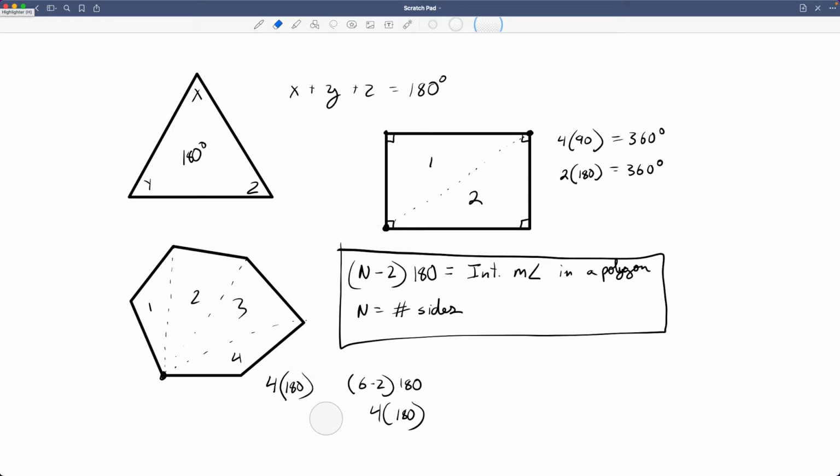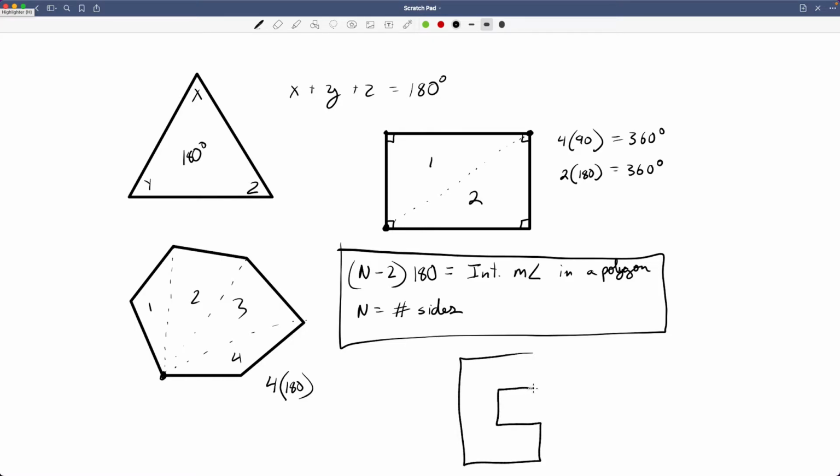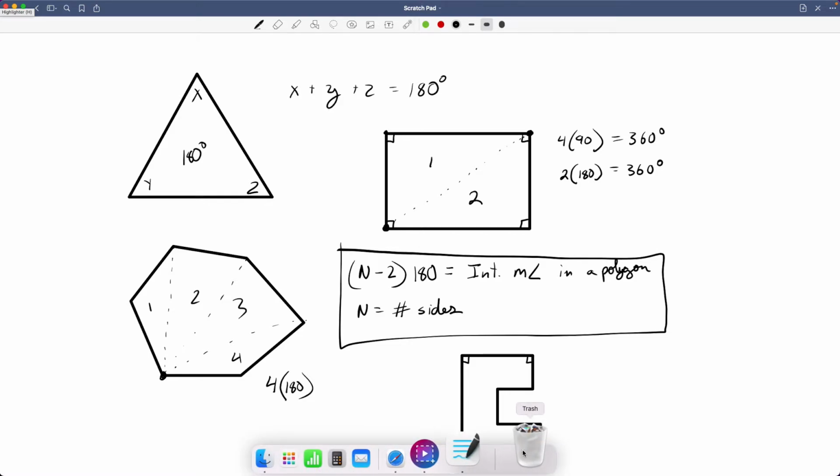Let's say we have a concave shape. For instance, here's a shape that's concave. And I'm going to draw it like this on purpose so that I can prove that it works. All these corners are right angles. So I'm going to put my right angle where all the interior angles are 90 degrees.